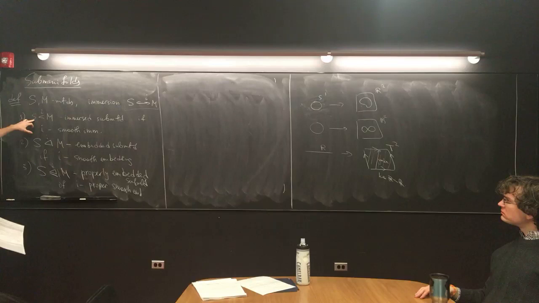Potentially can. So I'm saying if S is actually a subset of M, then I is by default the inclusion map.